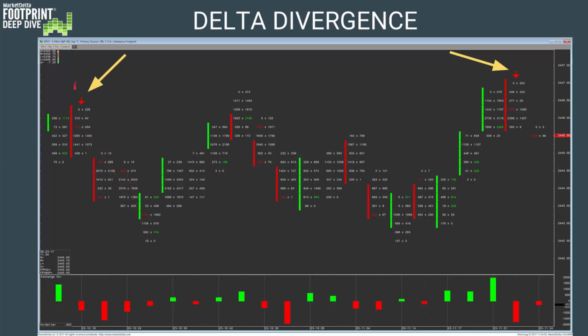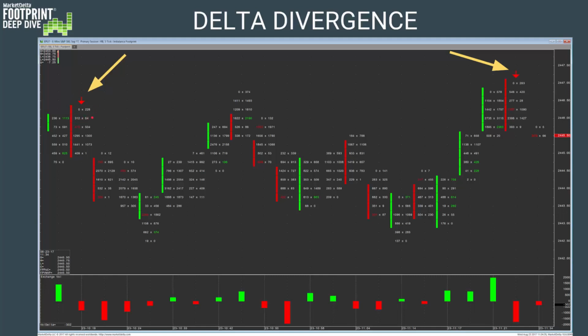Now, when we talk about reversals, this could turn out to be the high of the day and the market sells off 20 points or handles or whatever. Or it could just be a 2-point pullback, or it could be nothing. But it is bringing your attention to a divergence pattern, price and delta divergence, and it's a trade opportunity.